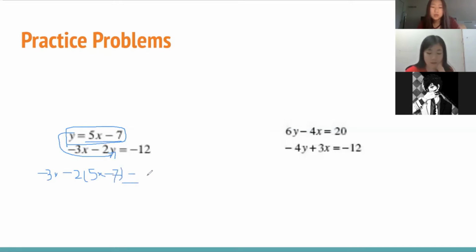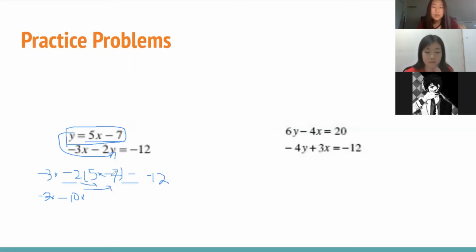equals negative 12. Then you will solve it, so it becomes negative 3x minus 10x, because you distribute this negative 2 into 5x and negative 7.